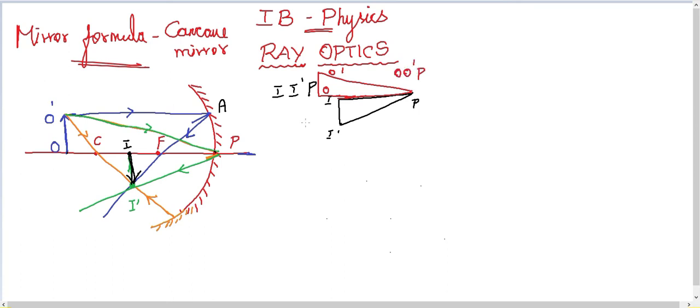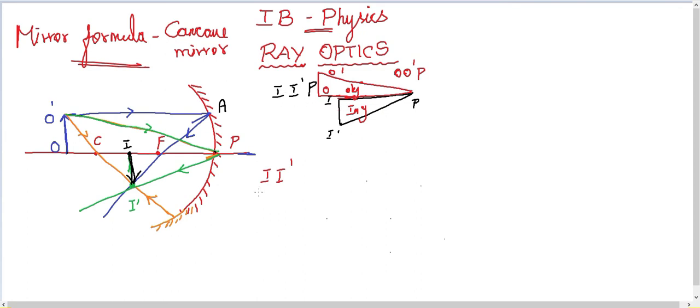According to similarity of triangles, we can say that the sides of the two triangles are in equal ratio. That is, look here, I dash. See, this is the triangle of the image. This is the triangle of the object. So always make sure that you put the opposite side of the image divided by the opposite side of the object.